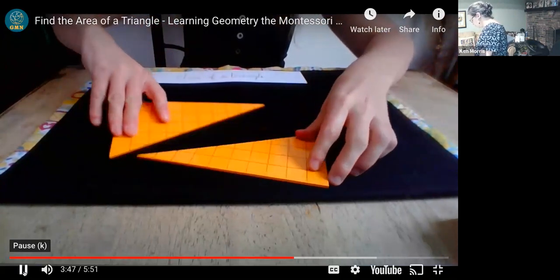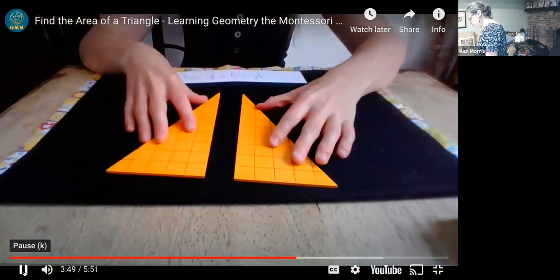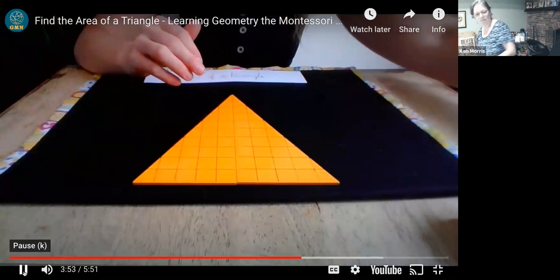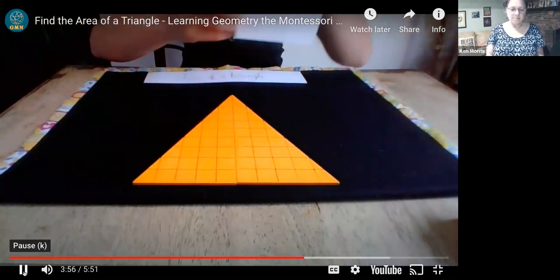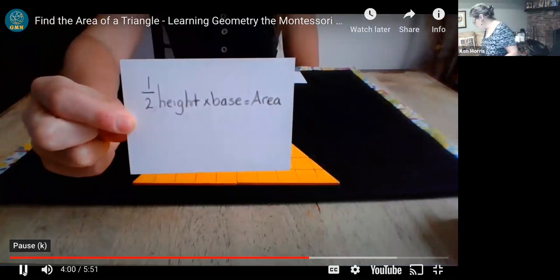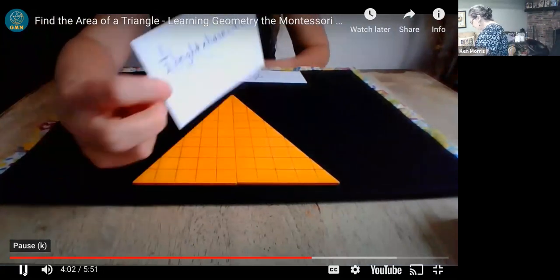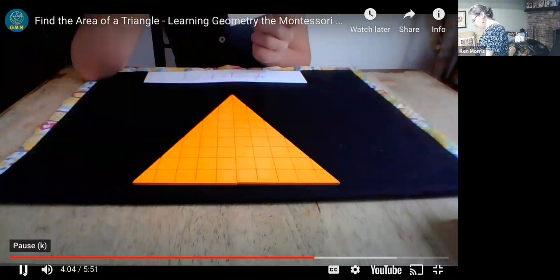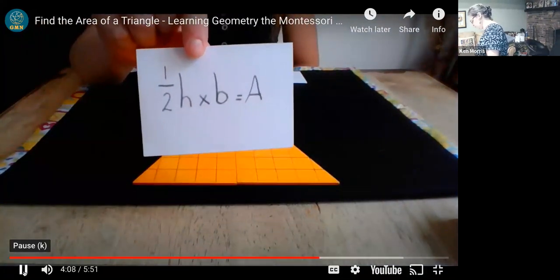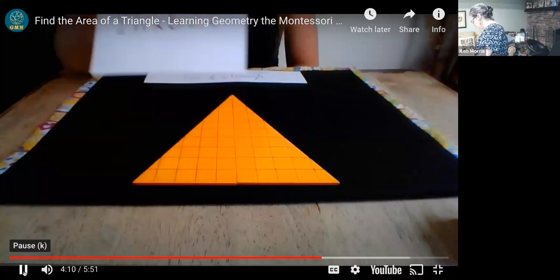And that will give me the area of my triangle. So half of the height multiplied by the base gives me the area of a triangle.